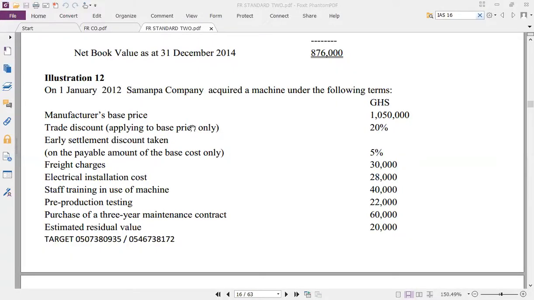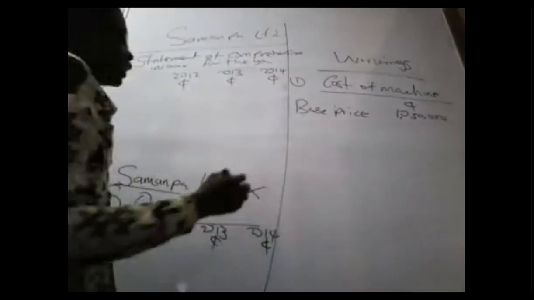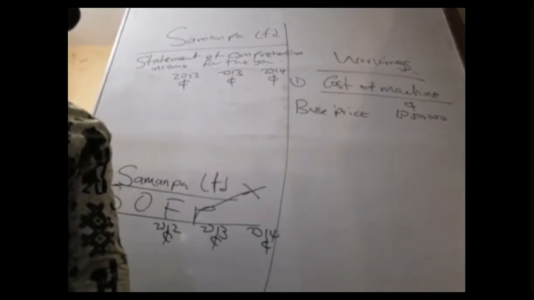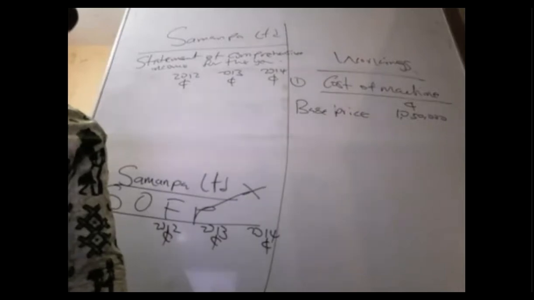So the item over there, we have to cut them. The first one, purchase base price 1050 must be passed. So quickly, base price, which is 1,050,000. Then in that order. I'll be very fast because we have a lot of questions to solve and a lot of things to do tonight. So let's take note of that.